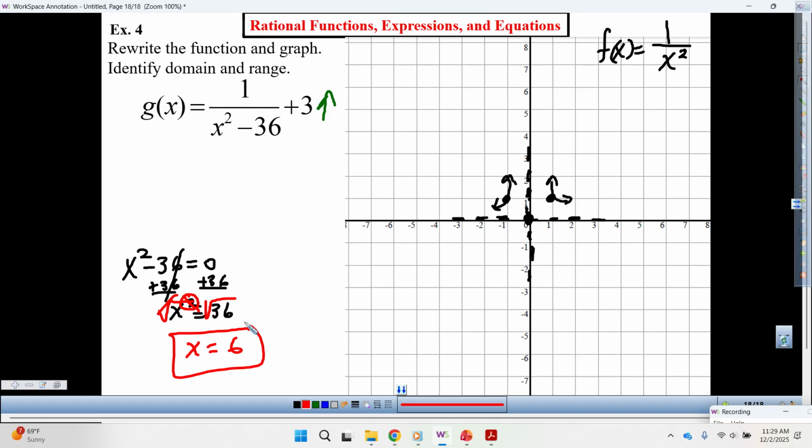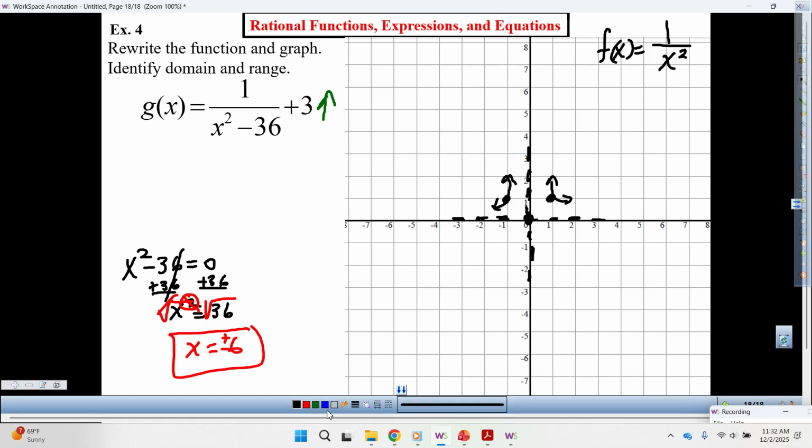However, when we do square roots, isn't one positive and another one negative? Yes, plus or minus. Question, what is 6 times 6? 36. What's negative 6 times negative 6? 36.